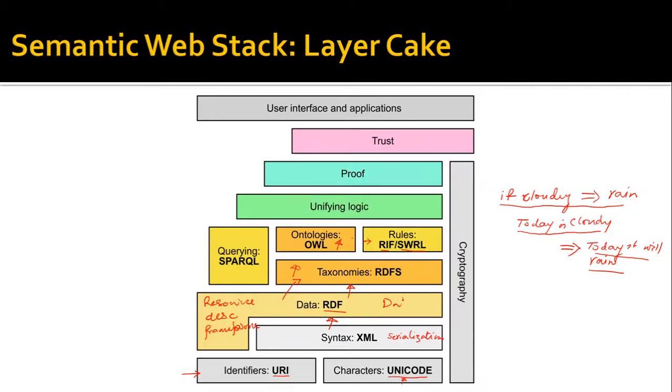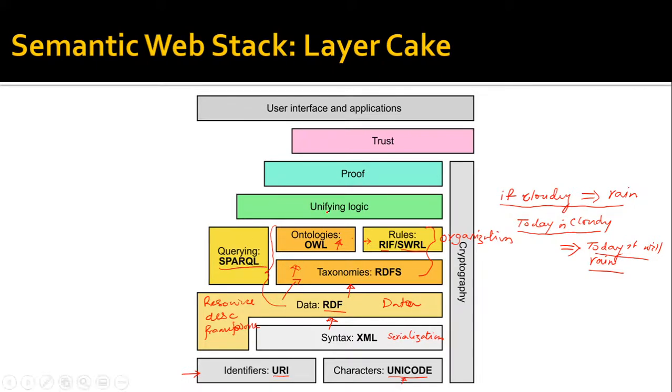So this is the data part, and put together, all this is the organization of the data. And in order to query the semantic web, we can query both the organization and the data. And this query language for the semantic web is the SPARQL query language, right?